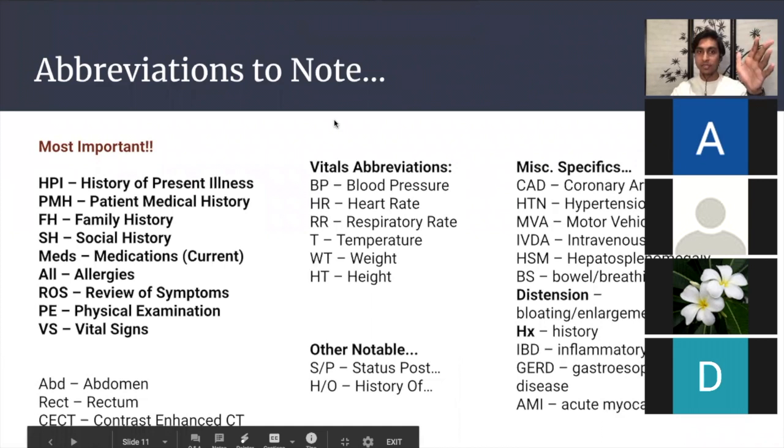So here also, because I know the abbreviations are no longer on there, you can see it on my screen now. Sorry about that, I forgot.